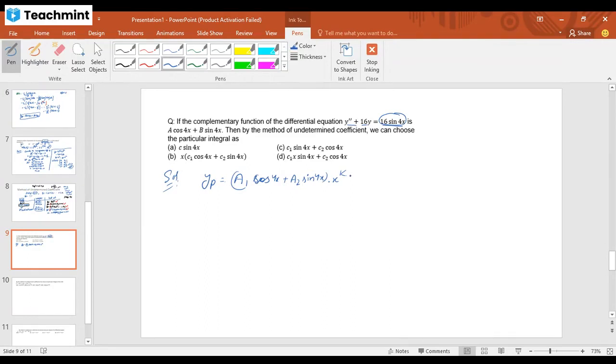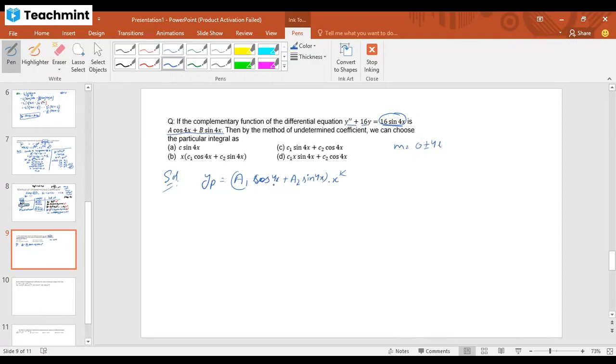How do we get an idea? Firstly, we need to check what the roots of the auxiliary equation are. So here it is given that the complementary solution is cos 4x and sin 4x. And this solution is obtained corresponding to the roots of the auxiliary equation 0 plus minus 4i. Okay.